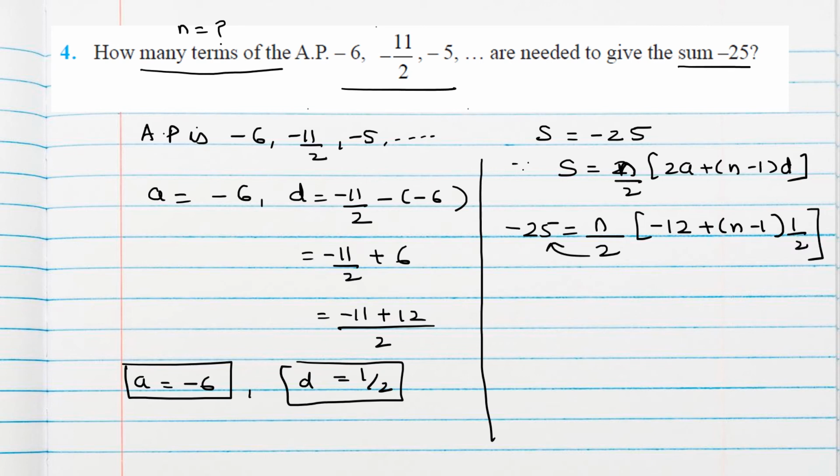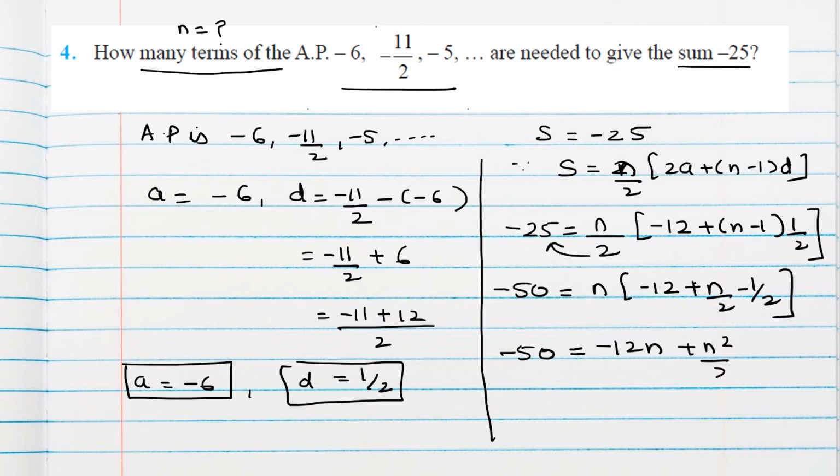So minus 50 equals n into (minus 12 plus (n by 2 minus 1 by 2)). Now open the bracket: minus 12n plus n square by 2 minus n by 2. So minus 50, and minus 12n and minus n by 2 are the like terms, we can add.